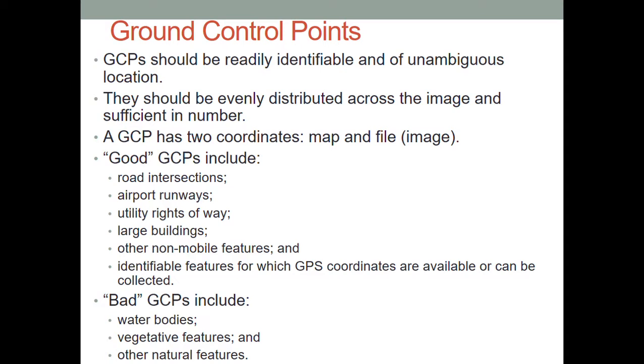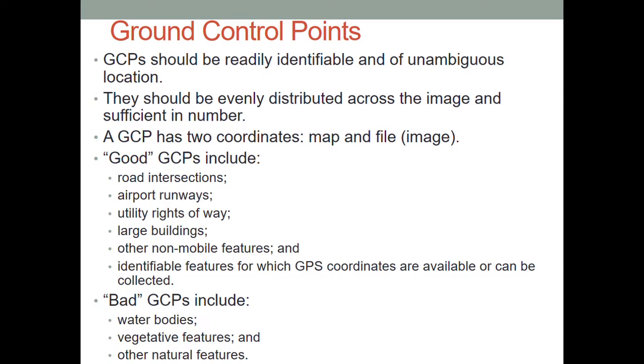You cannot use cars, because cars move. You also cannot use things like trees, because it is quite difficult to determine the differences between one tree and another. Rivers as well.